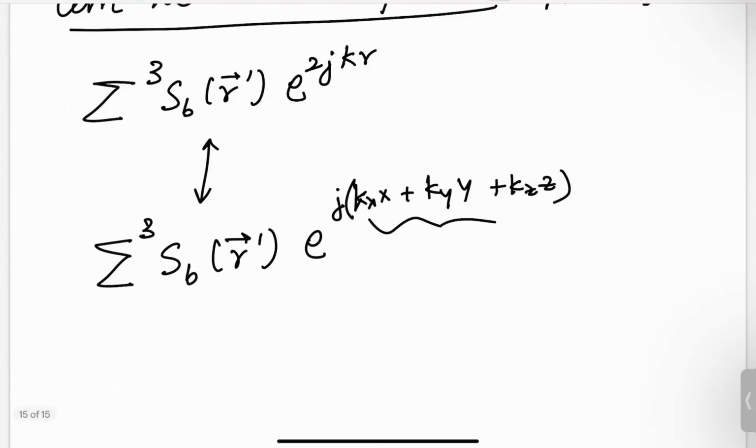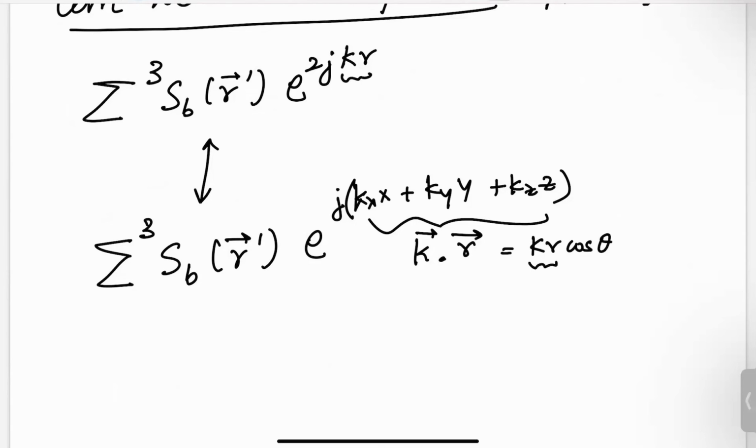And that is what? That is k dot r, the dot product of the k vector and the r vector. Here you're just multiplying the magnitudes, so it's not exactly the same, right? So you have this k dot r, which is kr cosine theta, where theta is the angle between these two vectors, right?